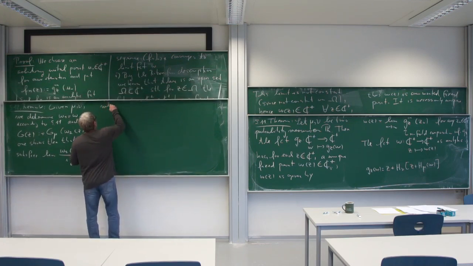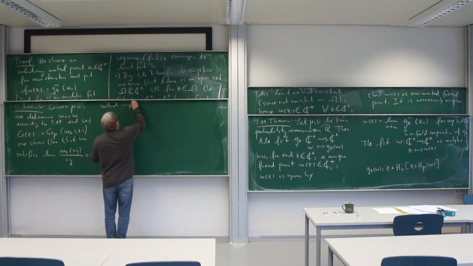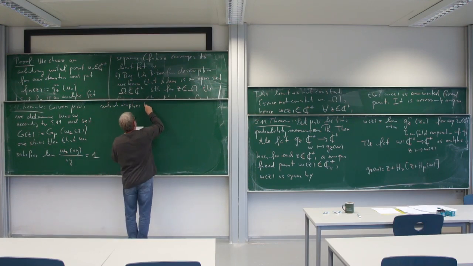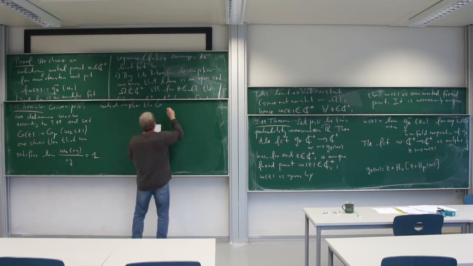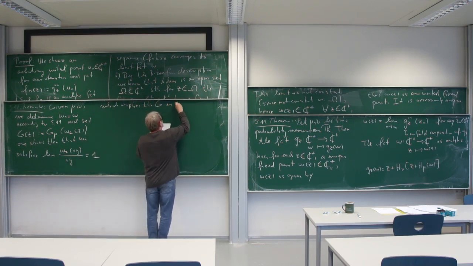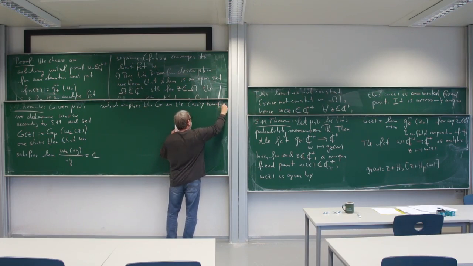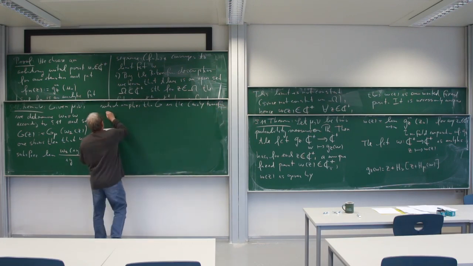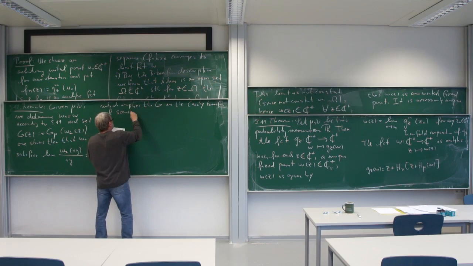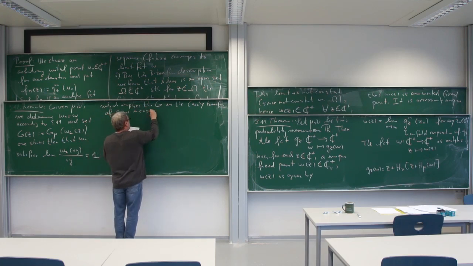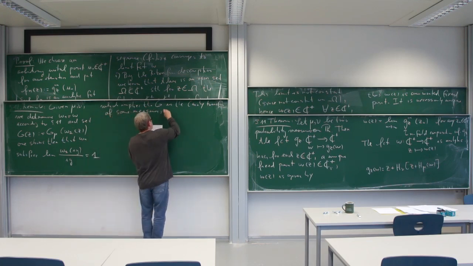This implies G has the right behavior at infinity, and then it must be the Cauchy transform of some measure.